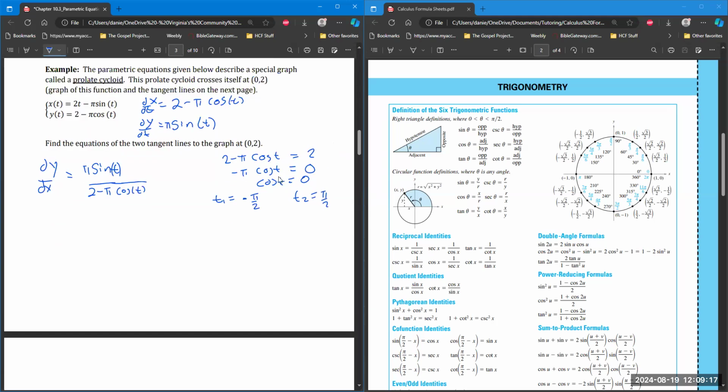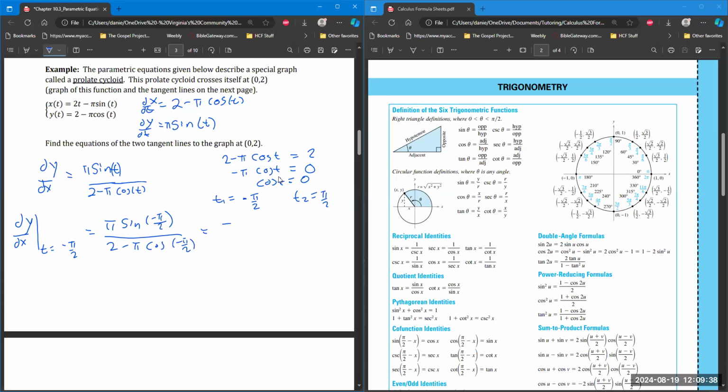So dy/dx when t is equal to negative pi over 2 is equal to pi times sine of negative pi over 2 over 2 minus pi cosine of negative pi over 2.